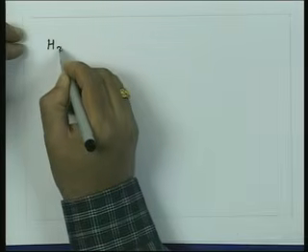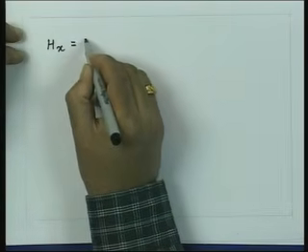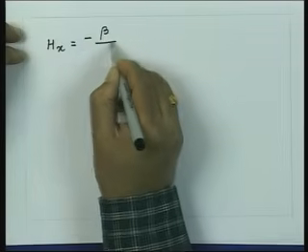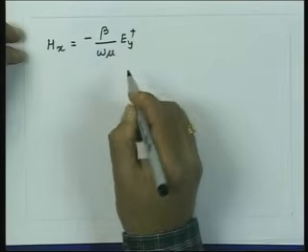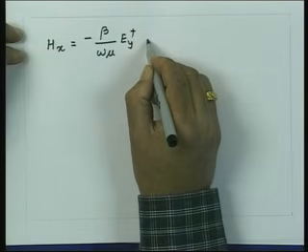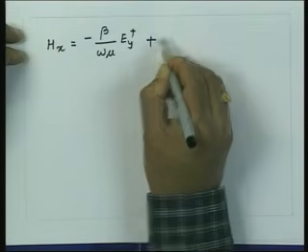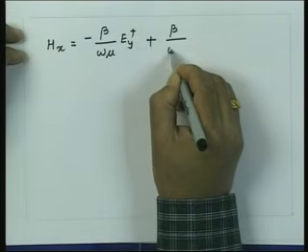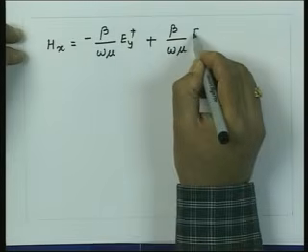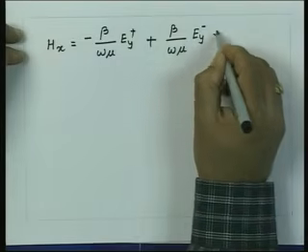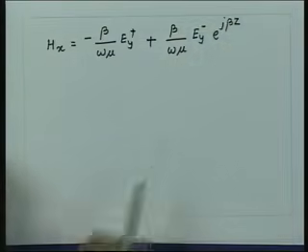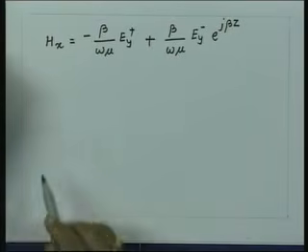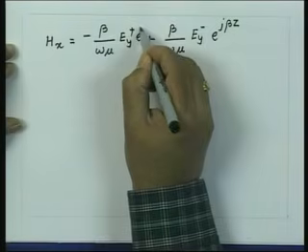which simplifying gives me hx is equal to minus beta upon omega mu Ey plus e to the power minus j beta z, plus beta upon omega mu Ey minus e to the power j beta z.